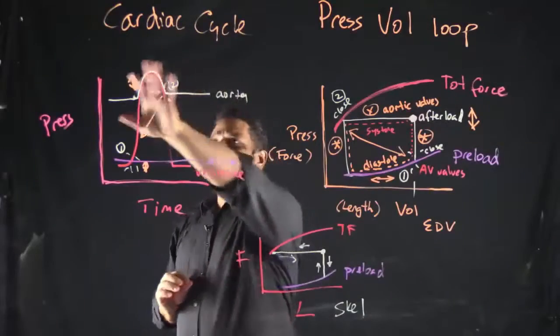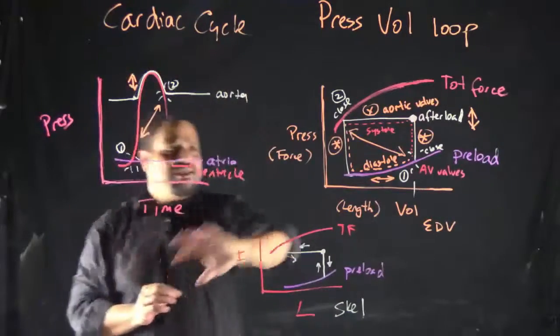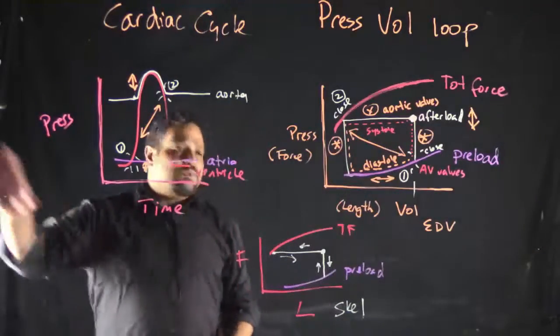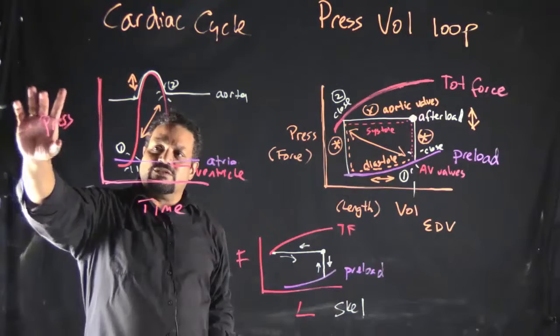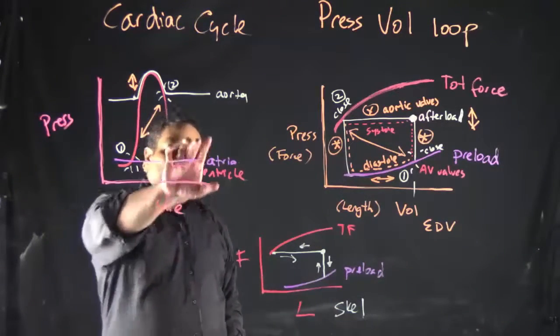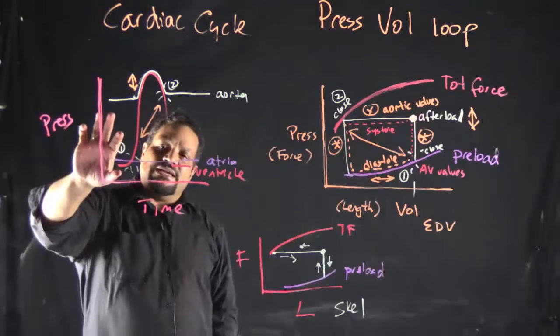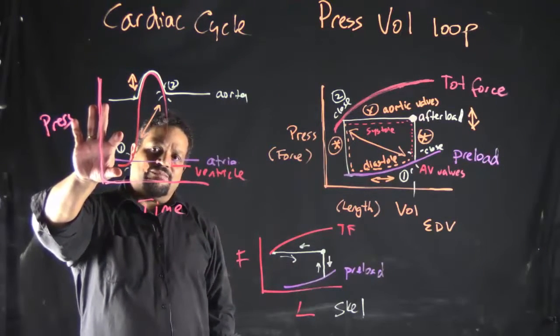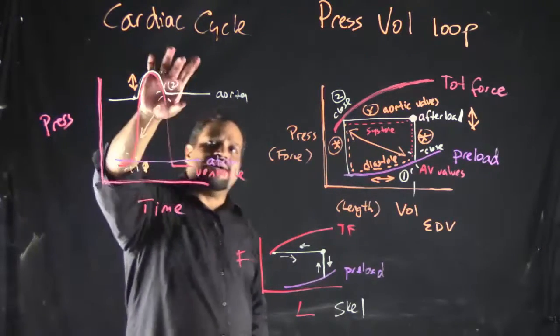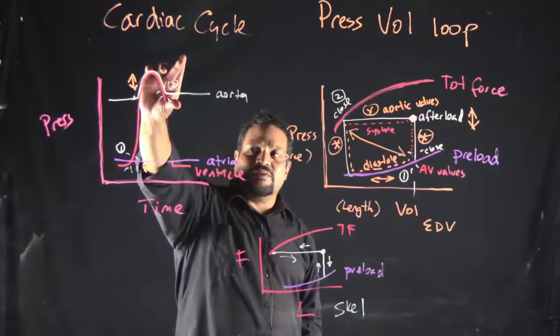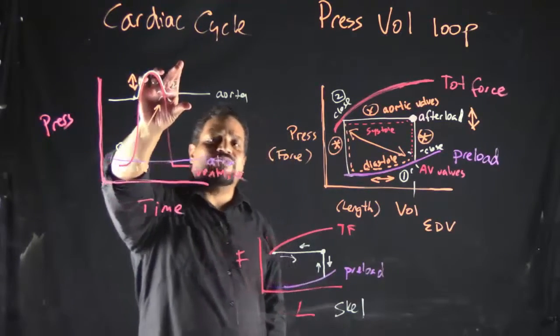Now let's look at the cardiac cycle, just for comparison. We went over that in detail. It's pressure over time. We have the atria, ventricle, and aorta. You have the first heart sound at the beginning, number 1, which is also diagonal from the second heart sound, the lub dub over here.